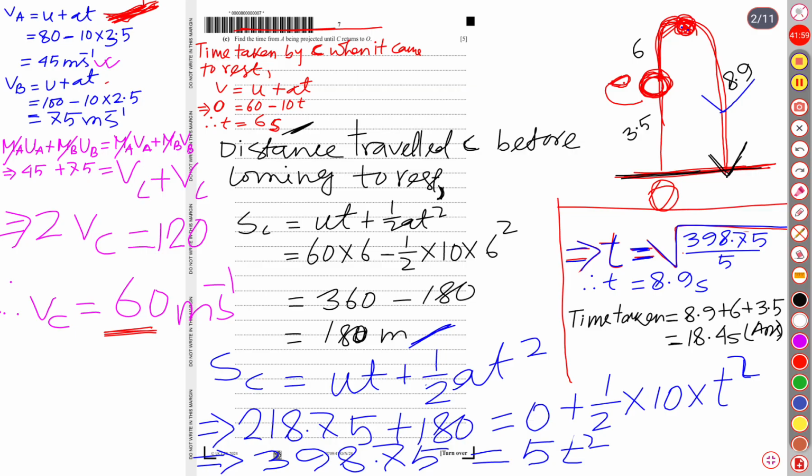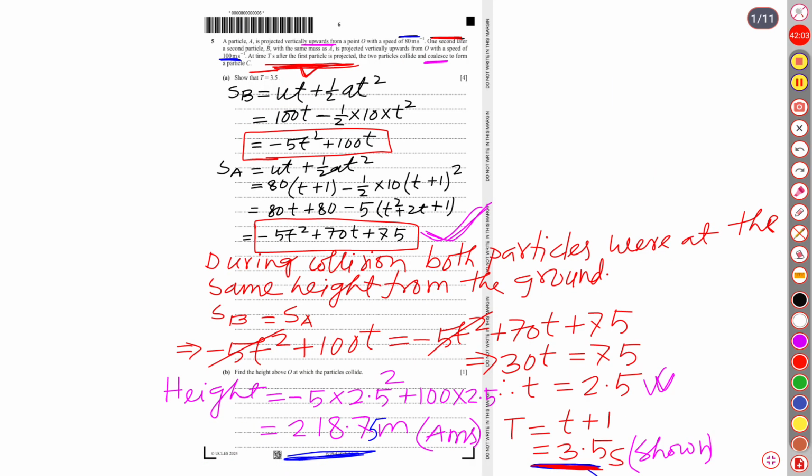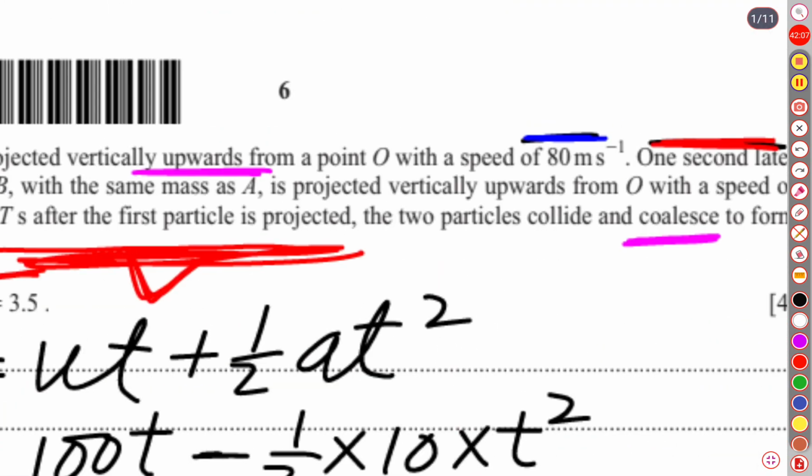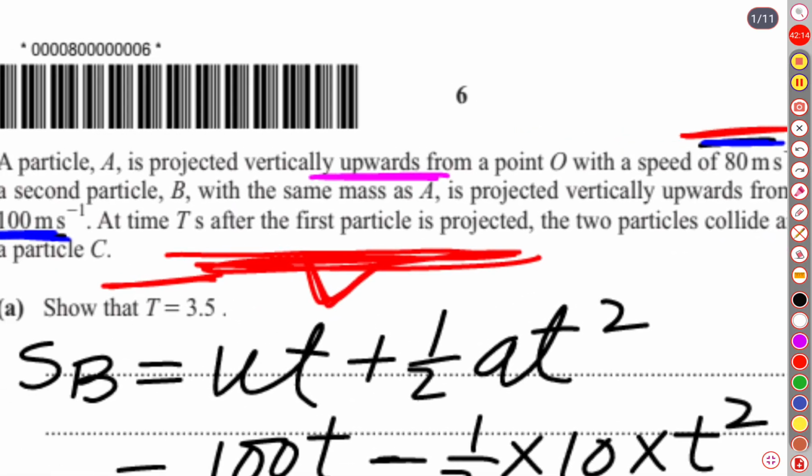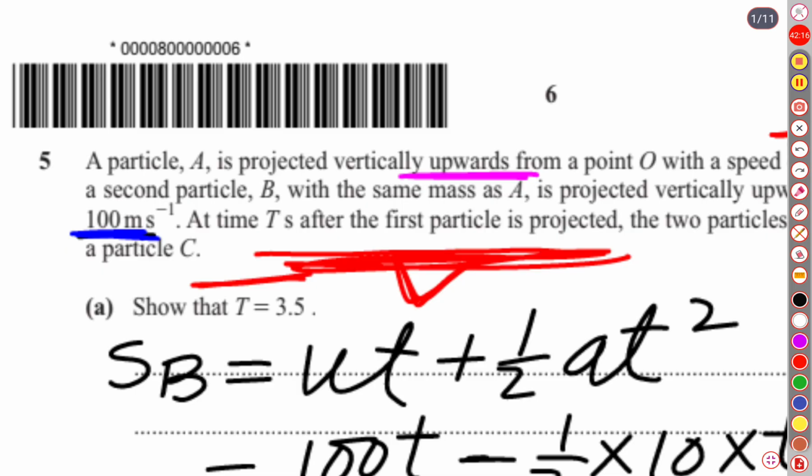So don't get confused with this one. In the question, the initial velocities given were 80 meters per second as well as 100 meters per second. Remember, these are the initial velocities when the particles were projected.